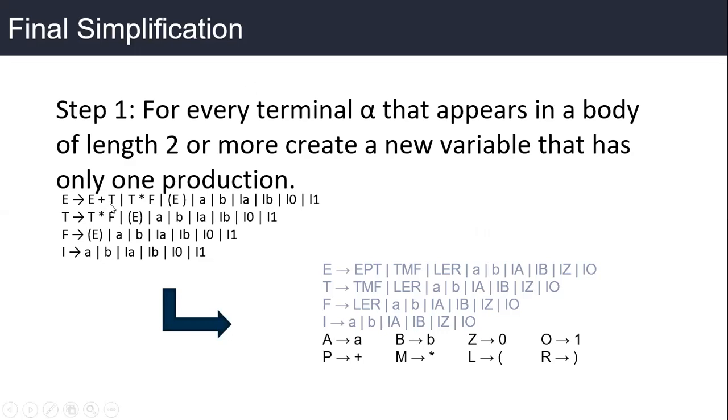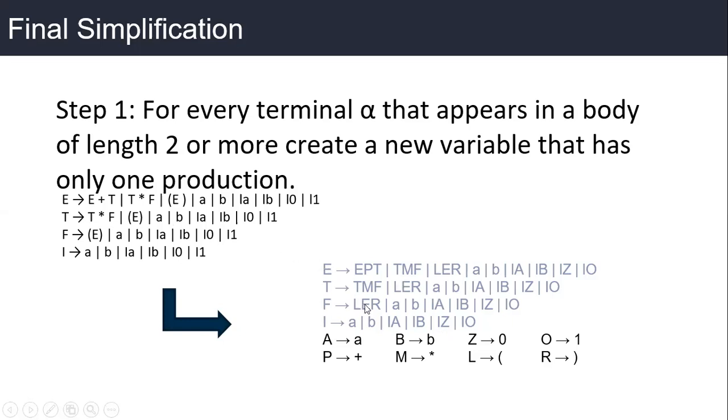Here we have two variables, and in between we have one terminal. So this terminal is derived by some variable. Plus is converted to P, asterisk is converted to F, open braces is converted to L, close braces is converted to R, and we simply put all of these values into this grammar.